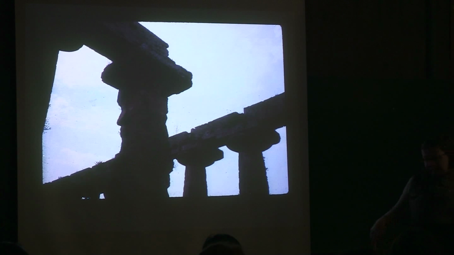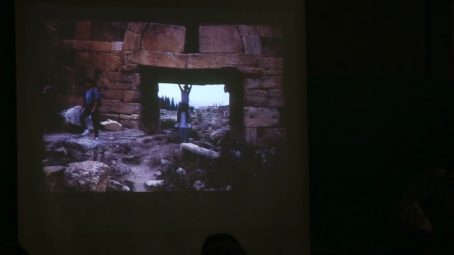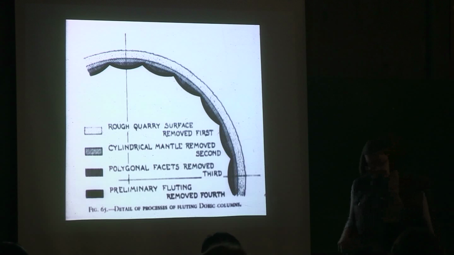So you have to heed the problems of the limited tensile strength of stone, which is another factor the Greeks had to think about when they were dealing with the problem of Greek architecture.